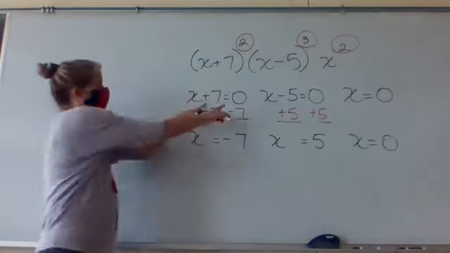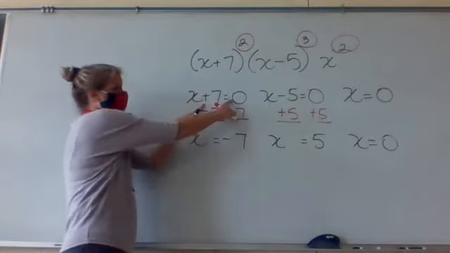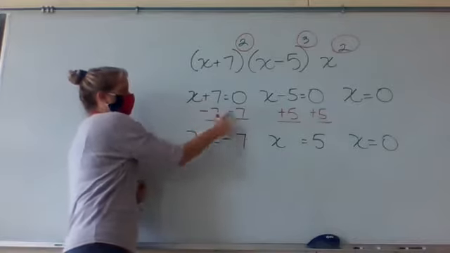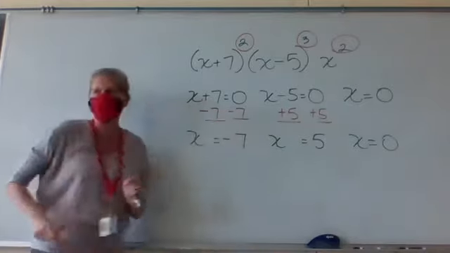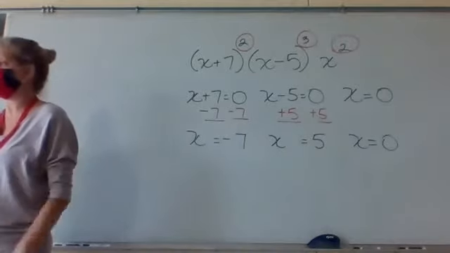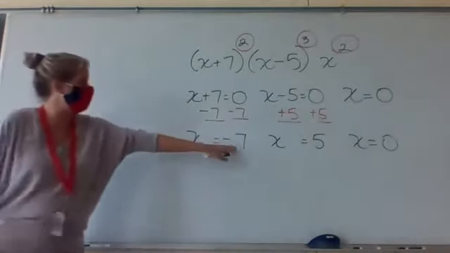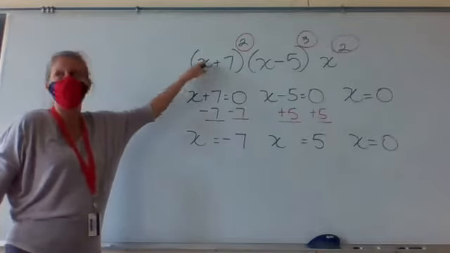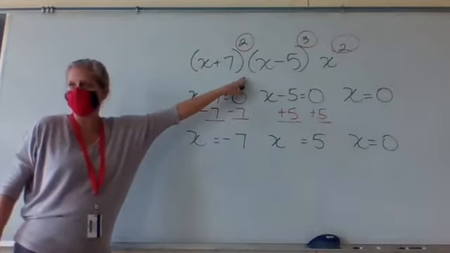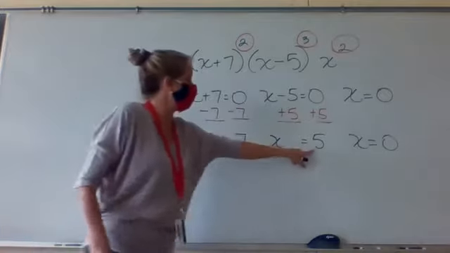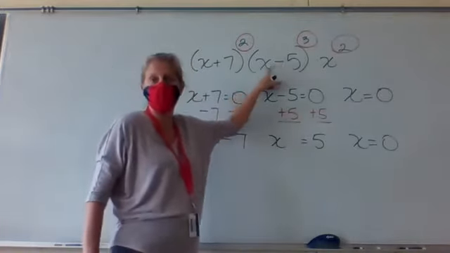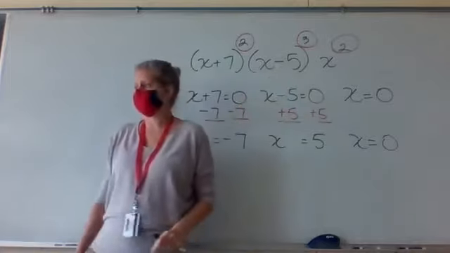Because I took the factor, set it equal to 0, and solved it. In the process of solving it, I had to do what? Subtract the 7 from both sides. That's what gave me that -7. So if my 0 is -7, that's because it came from the factor x plus 7. If my 0 is 5, it came from the factor x minus 5.